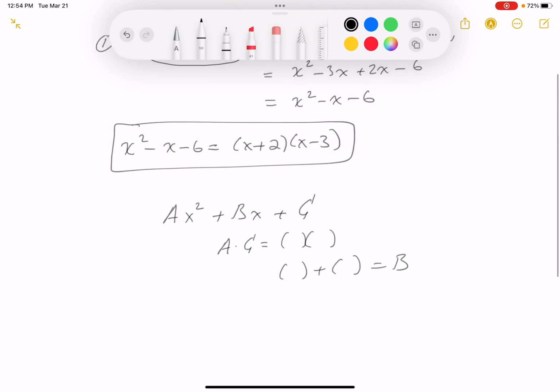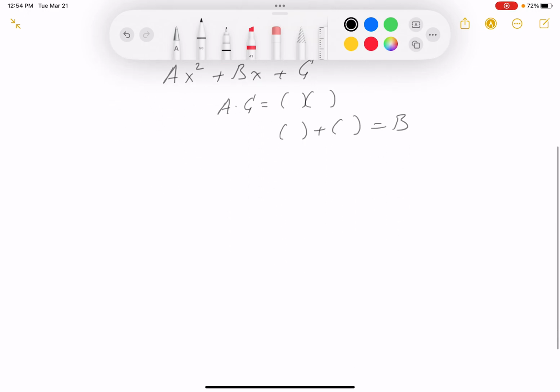So let's take a look at this example up here. It's x squared minus x minus 6. In this problem, the A is 1, and the C is minus 6. So I do A, which is 1, times the B. I'm sorry, I made a mistake there in speaking.